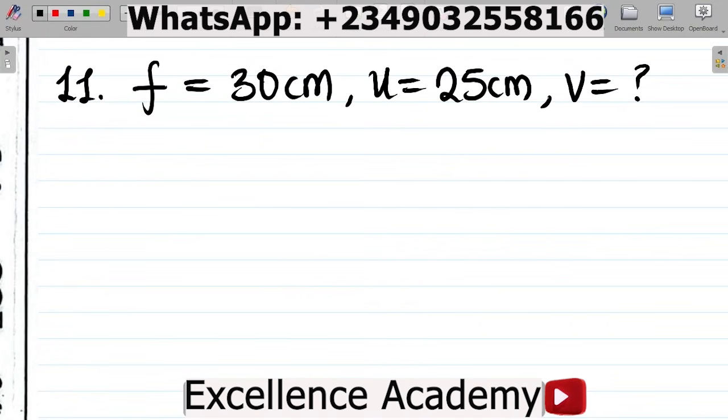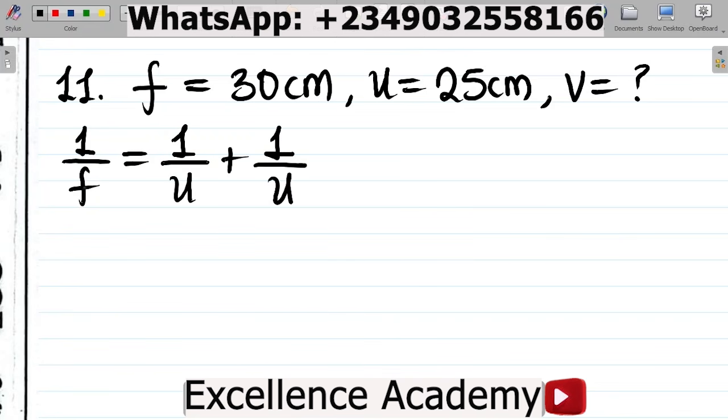Now to solve this, obviously we have to use the mirror formula. We have that the inverse of the focal length is equal to 1 over u plus 1 over v. This is called the mirror formula.